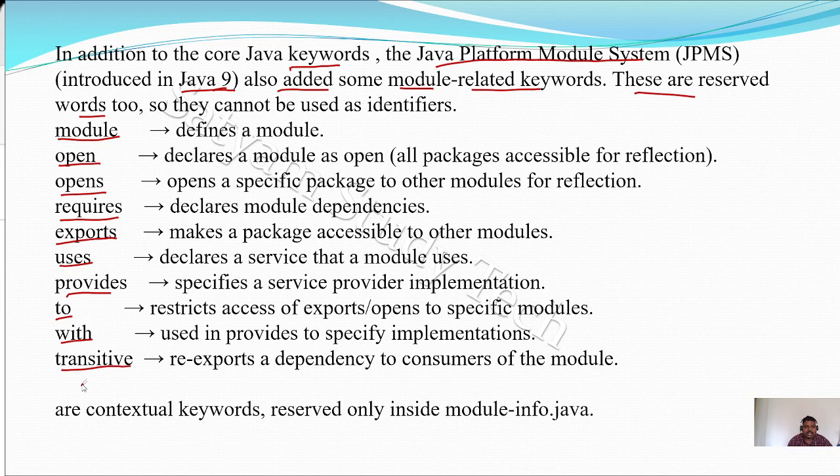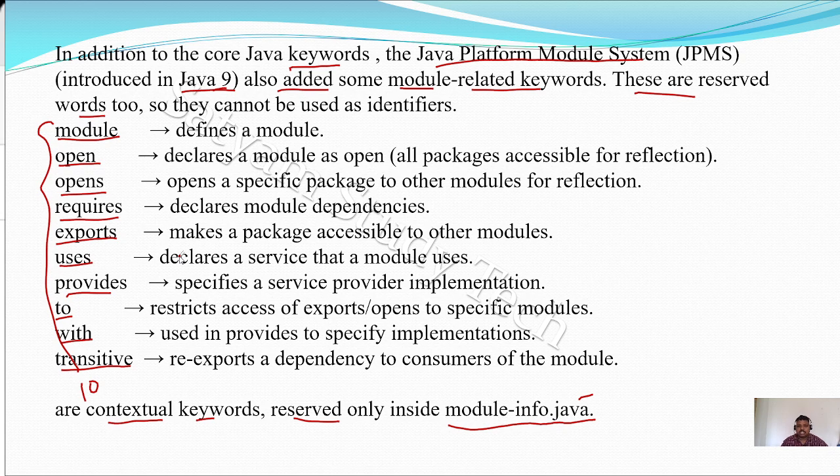These are contextual keywords, reserved only inside the module-info.java file. There you cannot use these 10 words as identifiers. Outside the module you can use them as a variable name or method name in general programming.